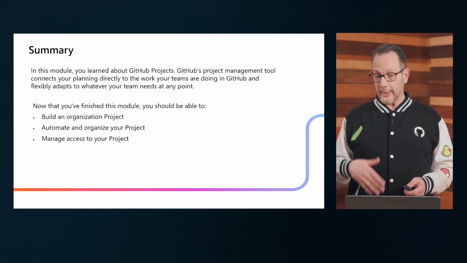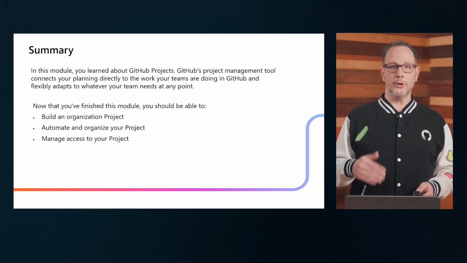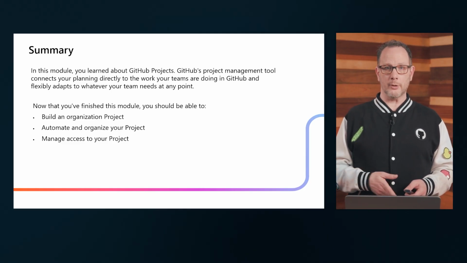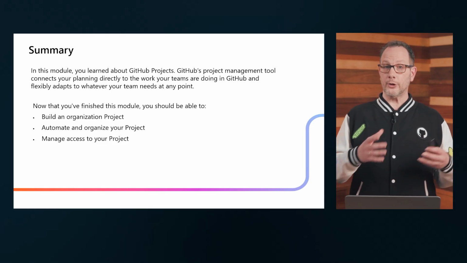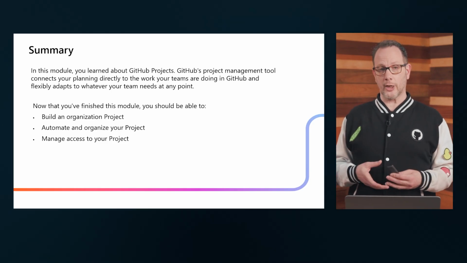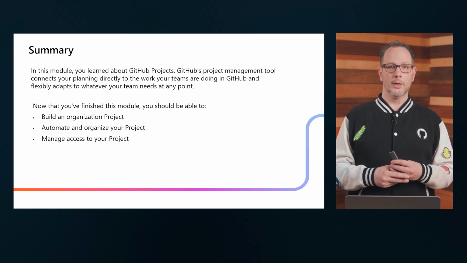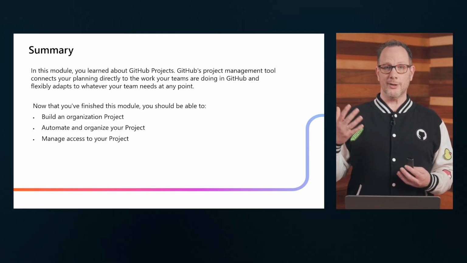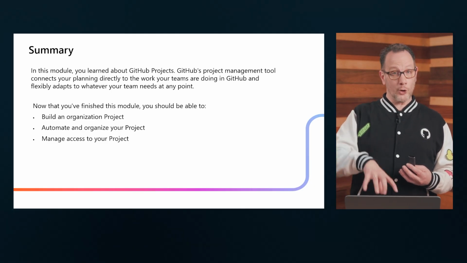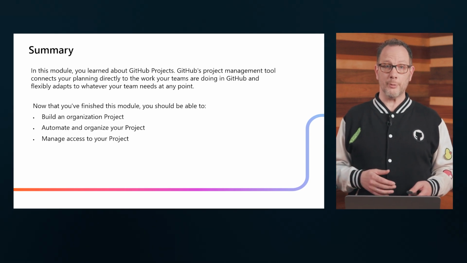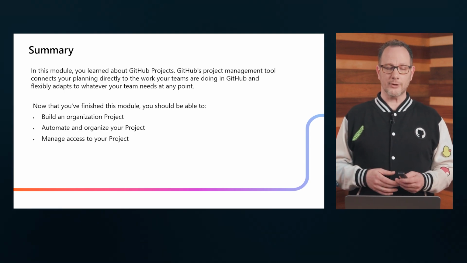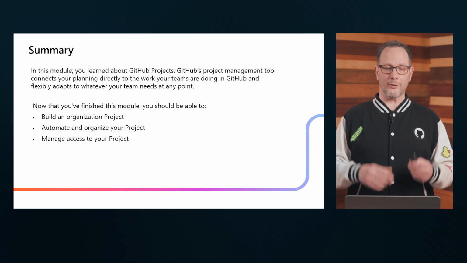By integrating planning directly into GitHub, you create a more seamless development experience, one where your work, your code, your discussions all stay connected. My hope is that you'll take these concepts back to your own projects and start shaping them into spaces that serve your team's needs more effectively.